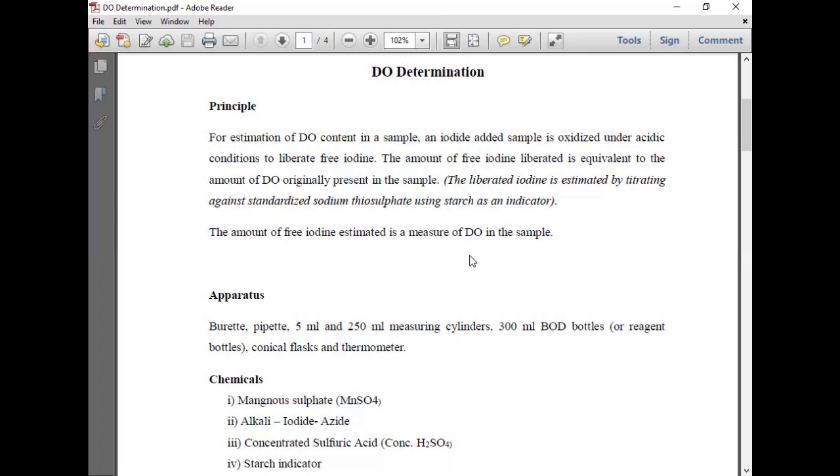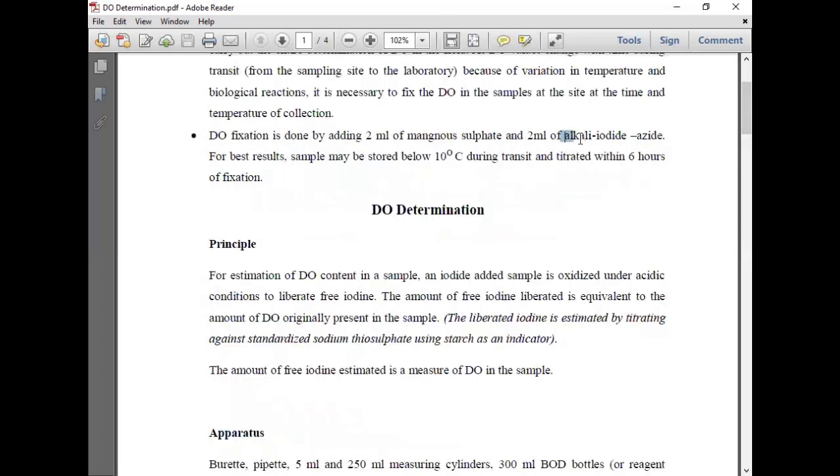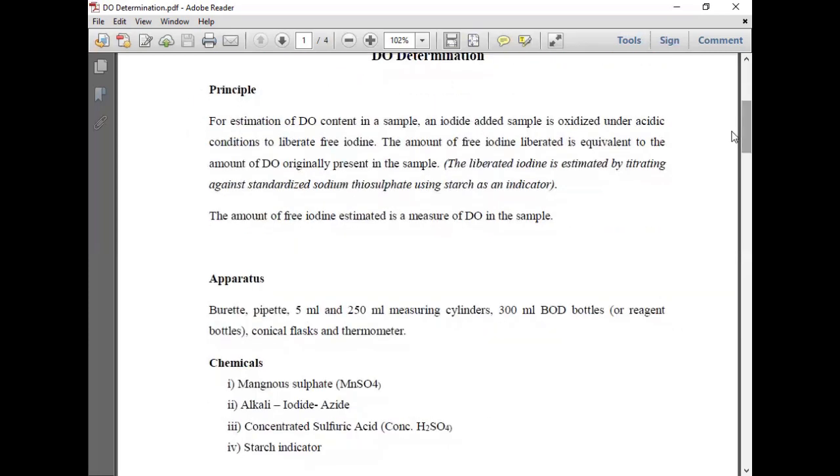So in this indirect technique, we are going to add some iodide into the water sample, and then we are going to make the iodine liberate into that particular sample, right? How are we going to add the iodide here? We have added the alkali iodide azide. This 2 ml of alkali iodide azide will help us make this sample an iodide added sample, right? We are going to oxidize it under the acidic condition.